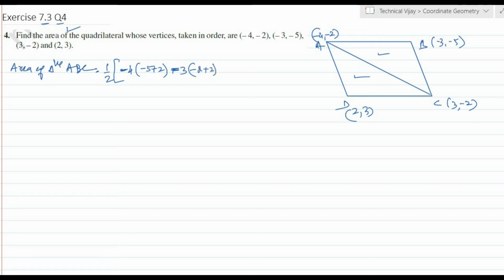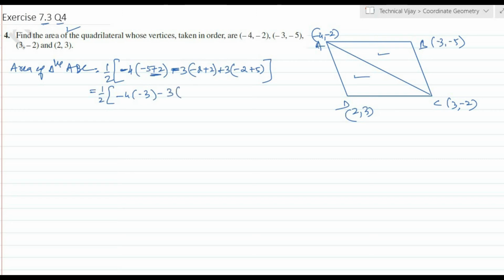Then x3, here 3, into y1 minus y2, that is minus 2 minus of minus, that is plus. Here half of, minus 5 plus 2 means minus 3.